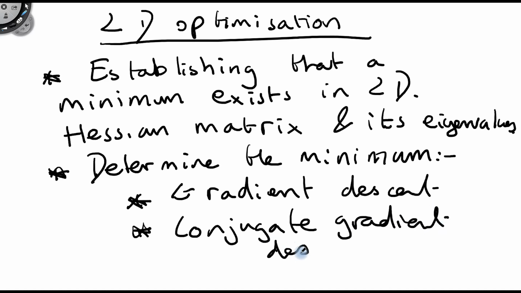Then we're done. Give yourself a firm pat on the back for getting through all this stuff. So let me finish off the Hessian stuff with an example, and then we'll start the gradient descent. So that's where we're going.